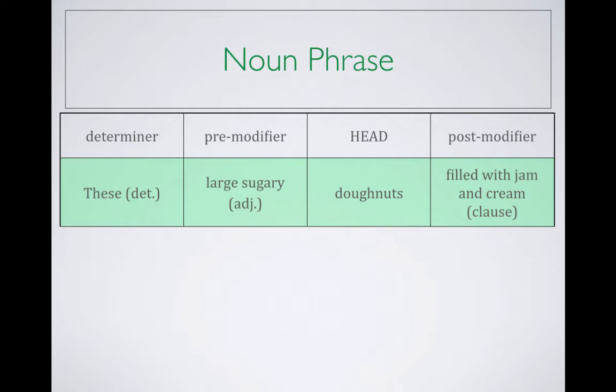These donuts are large and sugary, and they are these donuts, not other donuts or those donuts. Now, the post-modification is an embedded verb phrase with a prepositional phrase.